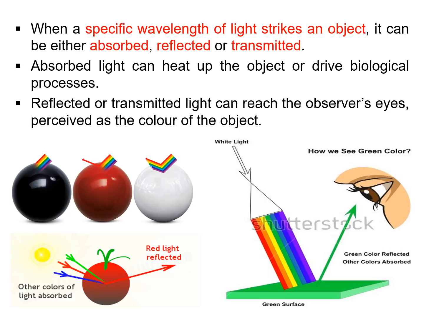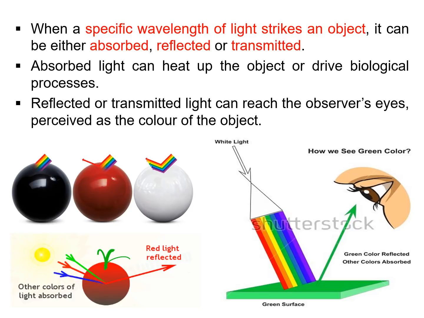This is what happens during photosynthesis. Any light energy which strikes the object, especially the leaf surface, will be absorbed, will heat up the object, and will also undergo biological processes, namely photosynthesis.